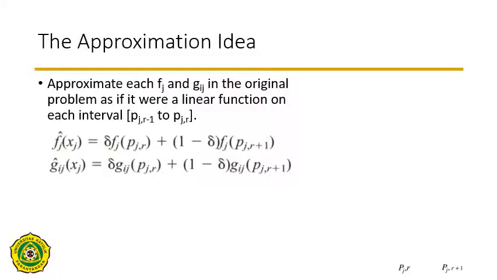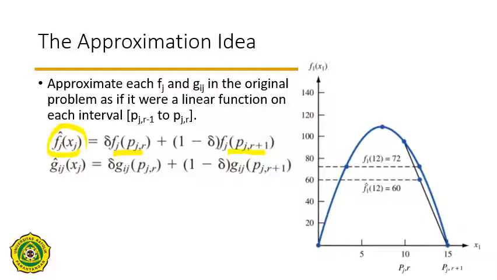So it's the same idea as what we've seen before, defining a point using the linear combination of two adjacent grid points. Here it is the same when we want to define the function value of a point. We just take the linear combination of the function values of the two adjacent grid points. So here's the example. Suppose again 10 is our PJR and 15 is our PJR plus 1.